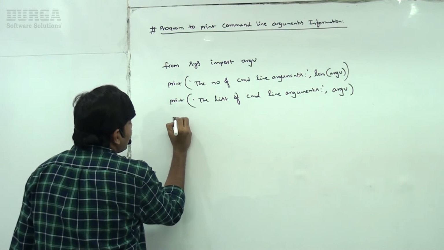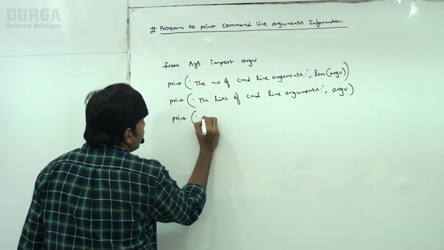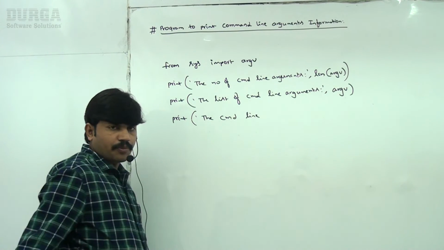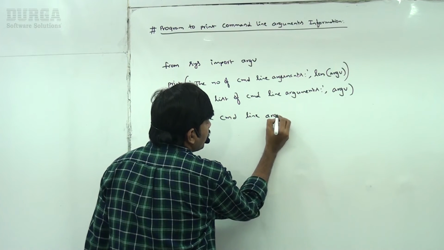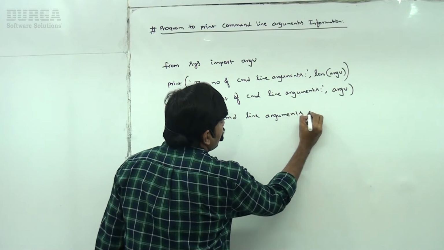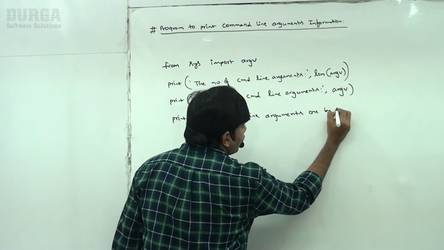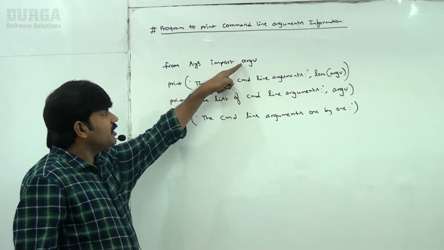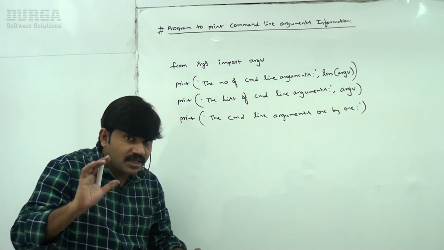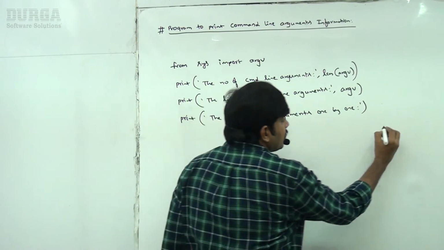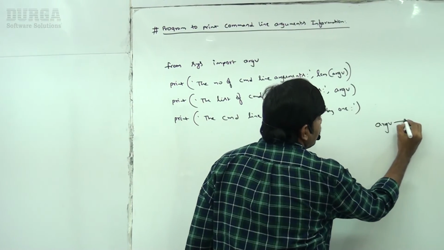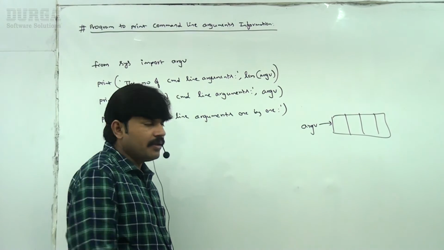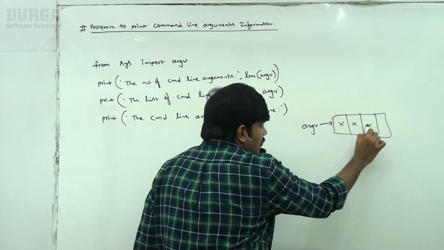Sir, what is the next one? The command line arguments one by one, I want to print. Very simple. Can you please tell, argv is a list or not? Yes, it is a list, sir. argv is the list and internally contains several elements: the first element, second element, third element, fourth element.